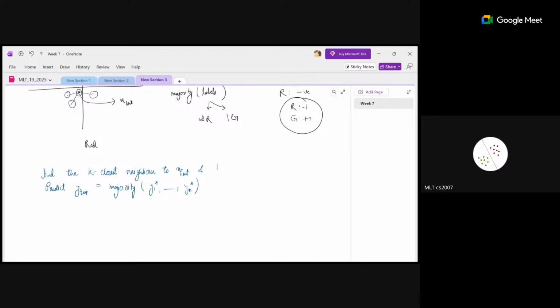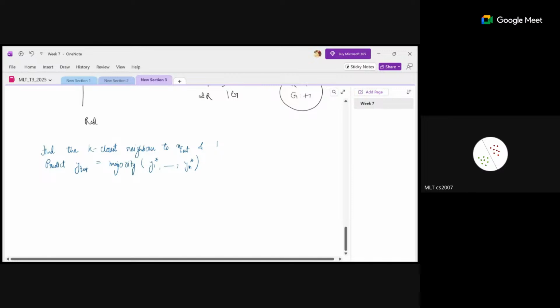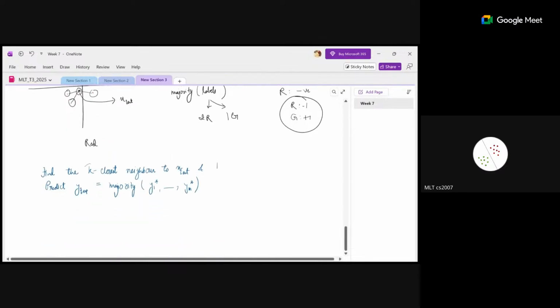But now here, this k is something you have to figure out. How do we see which k should be a good k? My k is a hyperparameter, and this is something that we provide to the model.